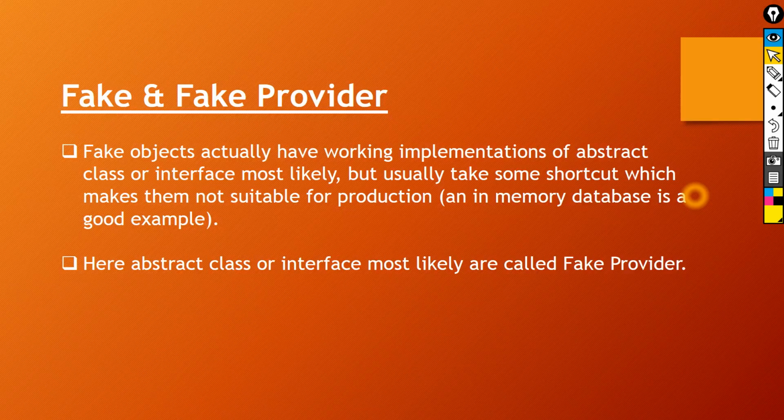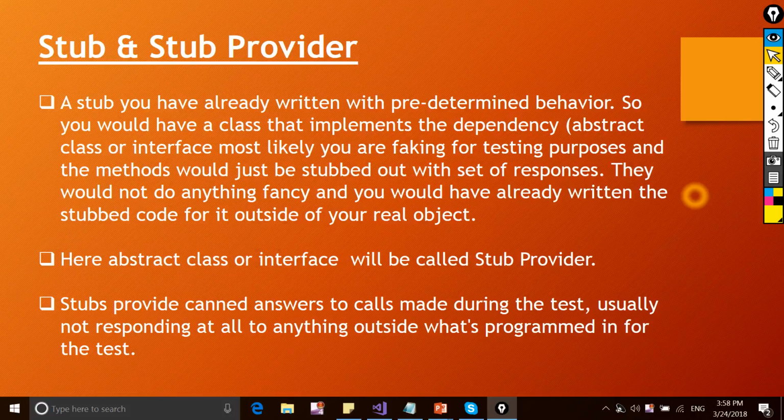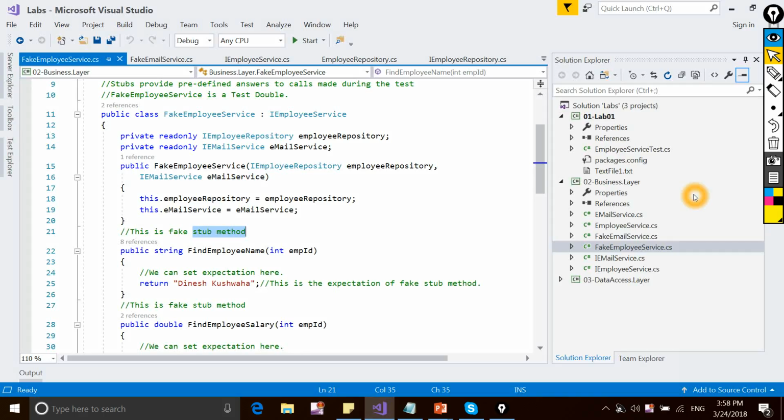One more thing that I would like to show you guys. There are two ways to stub classes and methods. One way is by using a mock framework, and one way is by creating fake classes or fake objects. I have showed you how to create the stubbed method and stubbed class by creating a fake object. So let me show you how we can stub the method by using a mock object.